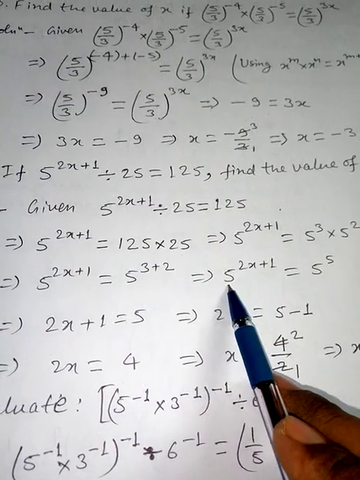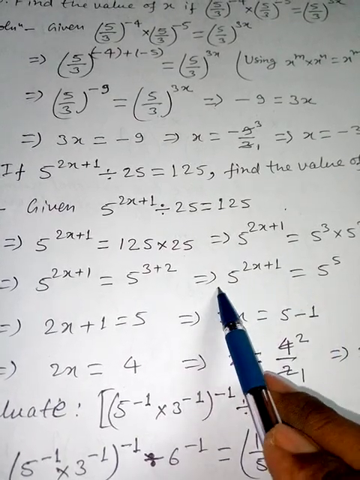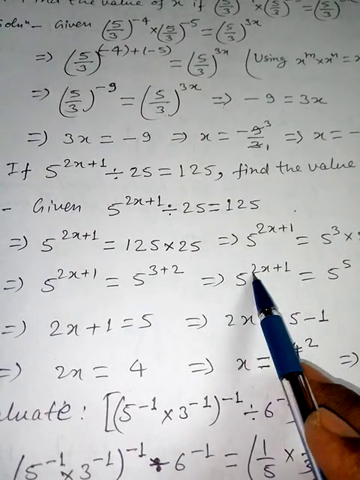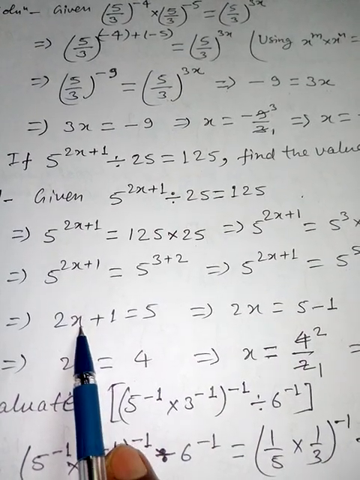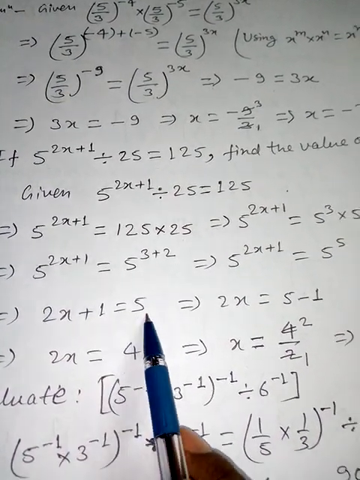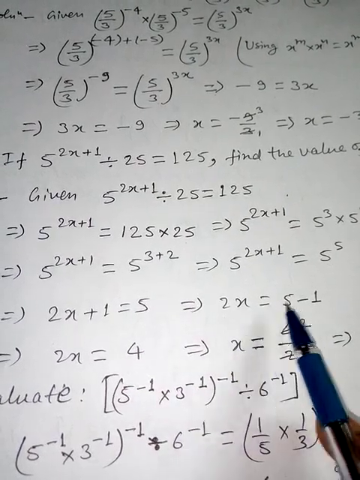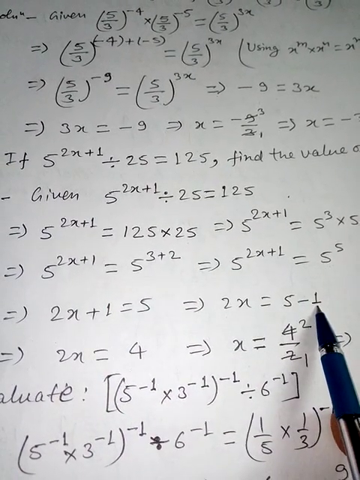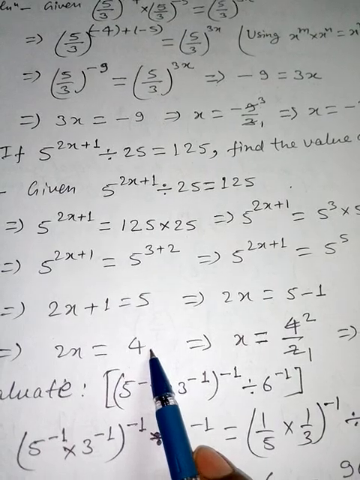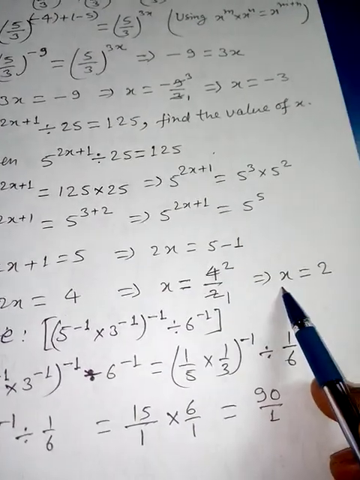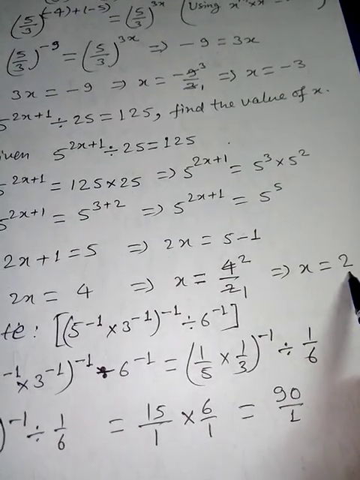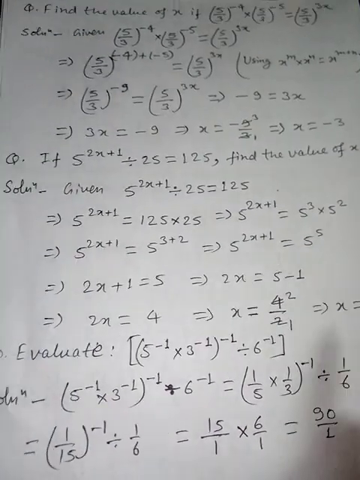Now you can see the bases are the same, 5 and 5, so you have to equate the powers. So 2x + 1 equals 5. 2x equals 5 - 1. So 2x equals 4 and x equals 4 by 2, which gives you x equal to 2. So this is the value of x.